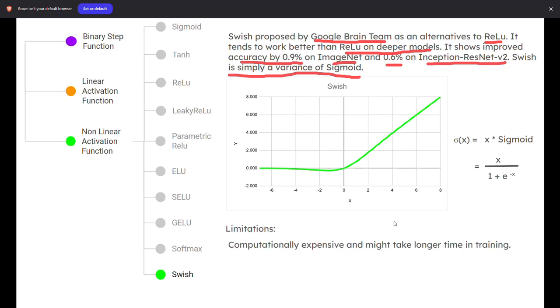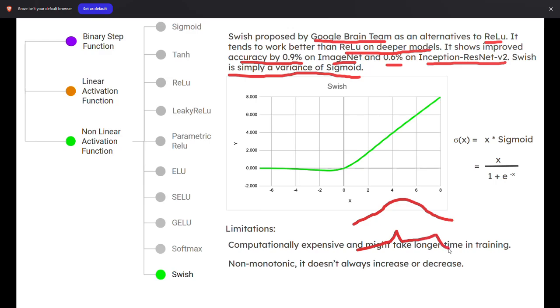Again it involves exponential values, so it is a little expensive and might take longer to converge during training. It is also non-monotonic, meaning it is not just increasing or decreasing; it can go up and it can go down. So that is Swish.